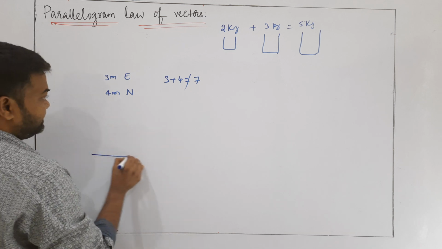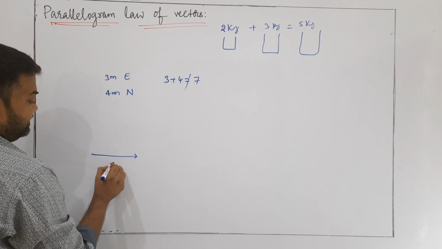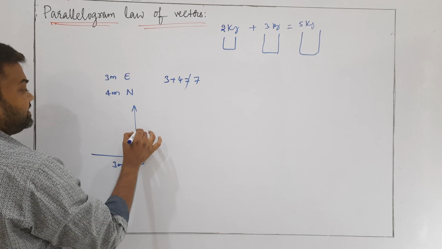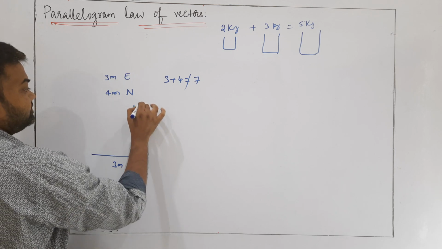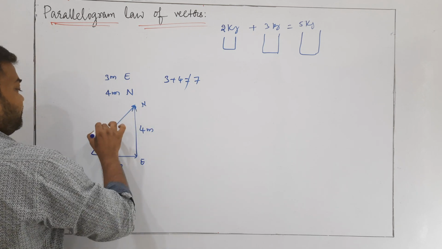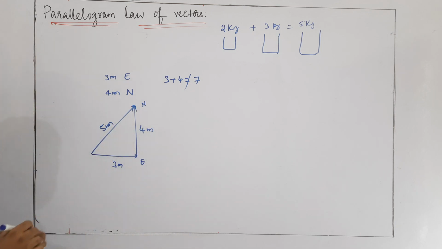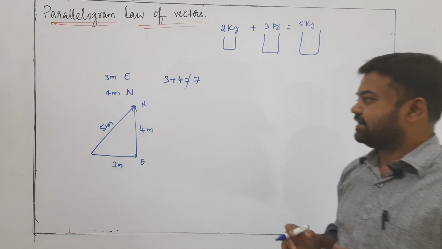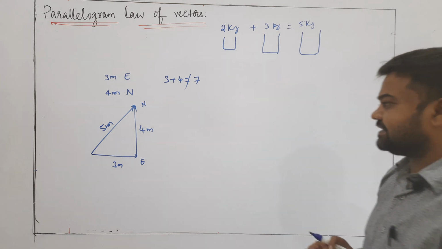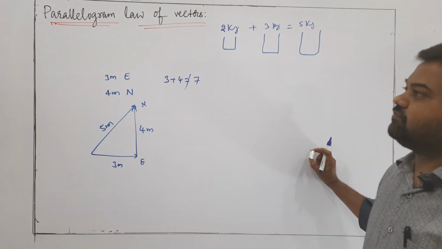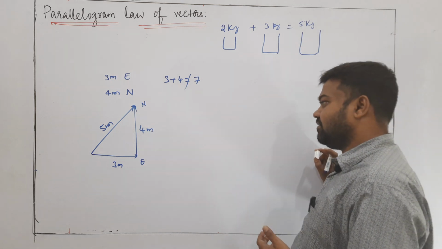Suppose 3 meters is in the east direction and 4 meters is in the north direction, then the resultant of these two is 5 meters by using Pythagoras theorem, that is root of 3 square plus 4 square, which is 5. Vector addition can be done in different ways, by using the parallelogram law of vectors as well as the triangle law of vectors.